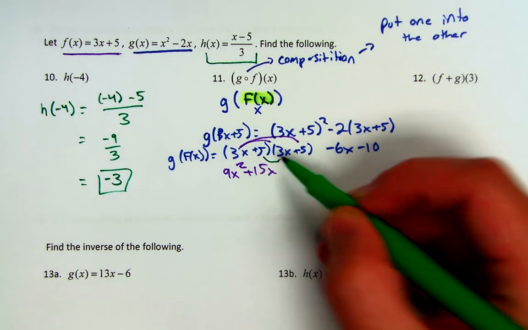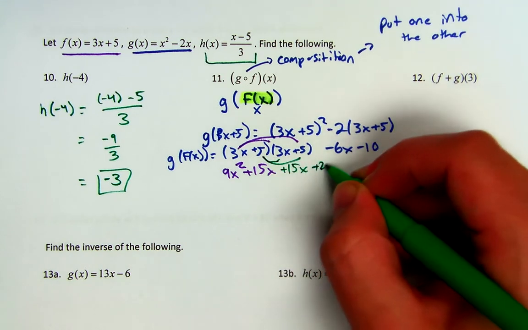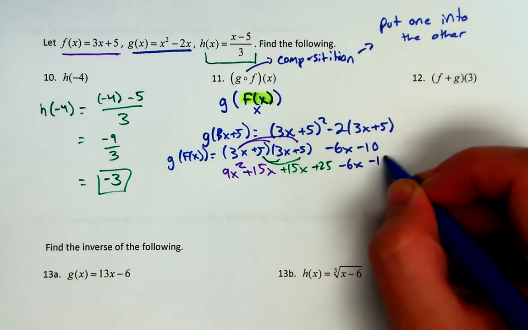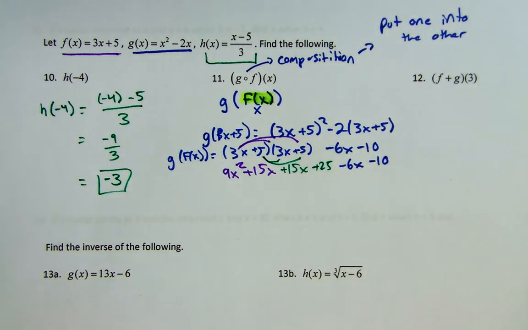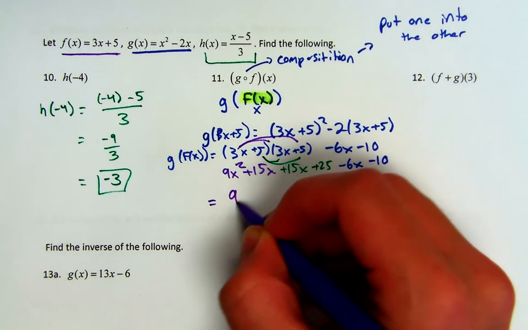Now I've got to do 5 times 3x, plus 15x again. 5 times 5, plus 25. Now minus 6x minus 10. Combine your like terms. 9x squared doesn't have any, so equals 9x squared.